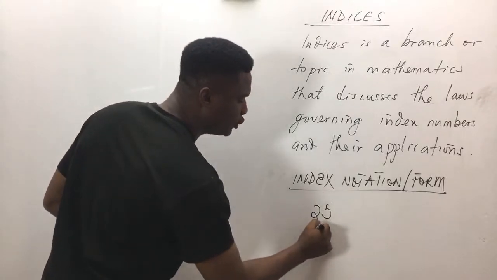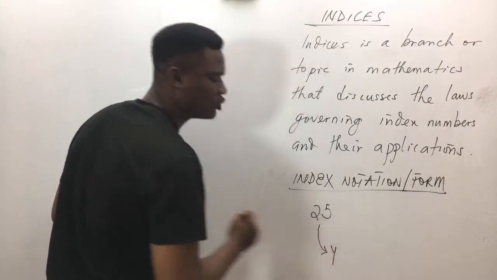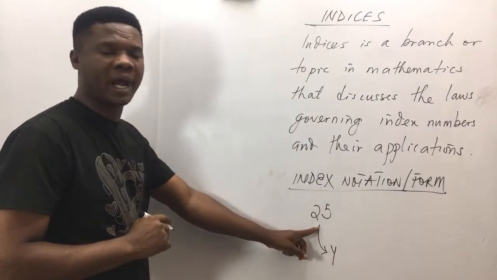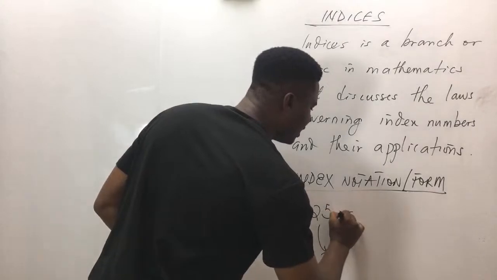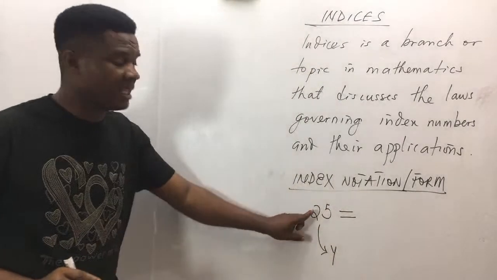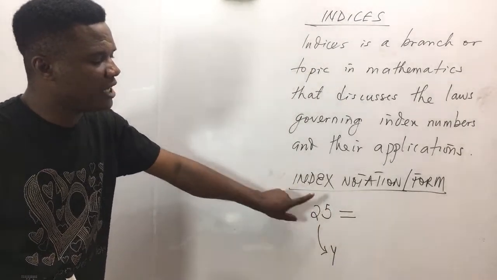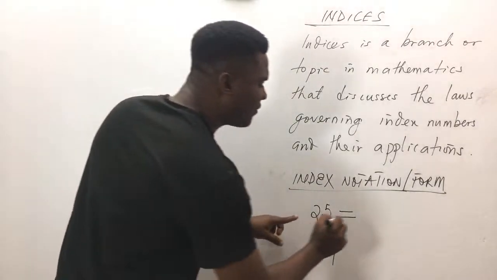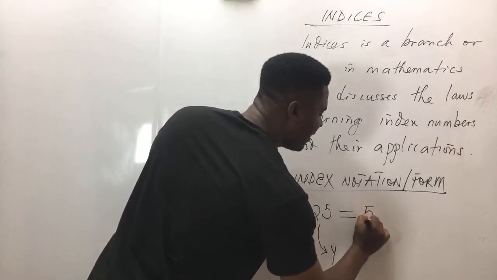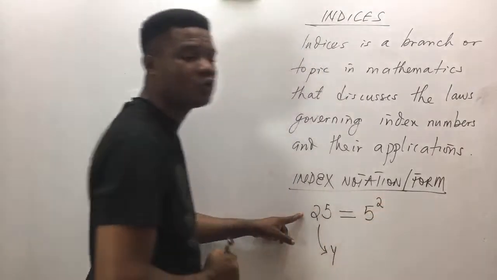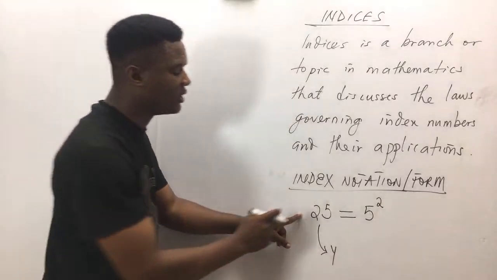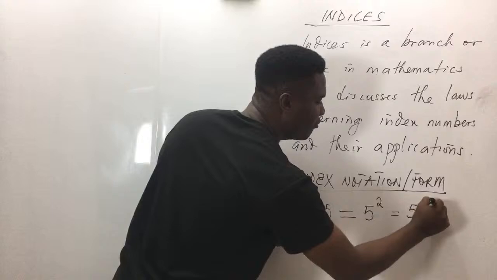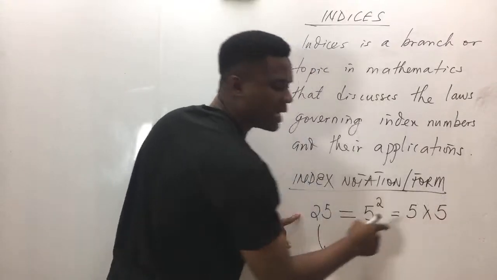Now, I could use the letter Y to represent 25. So let's say 25 is represented with Y. Now, what can we say is the index notation or the index form of 25? 25 can be written as 5 raised to the power of 2, which means 5 multiplying itself 2 times.